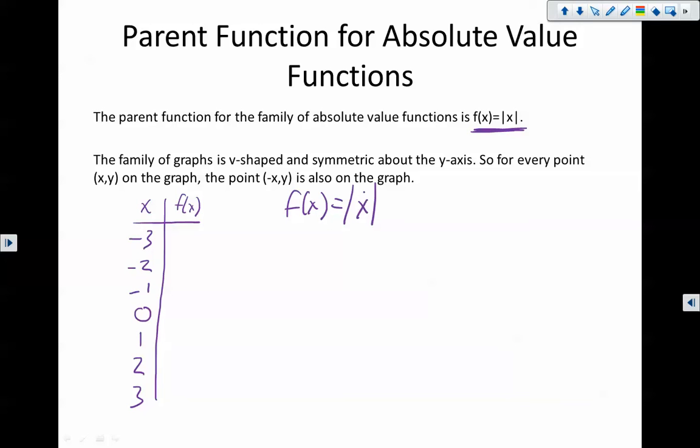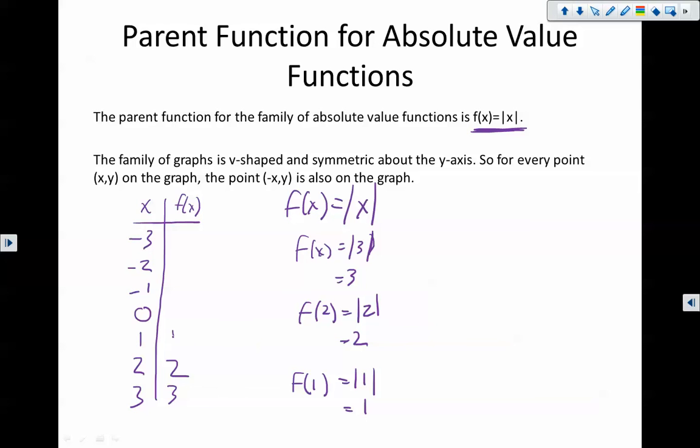When I plug in 3, f of x equals the absolute value of 3, which is 3. When I plug in 2, this is the absolute value of 2, which is 2. When I plug in 1, this is the absolute value of 1, which is 1.